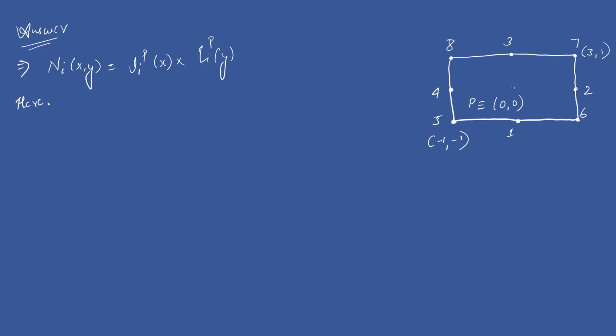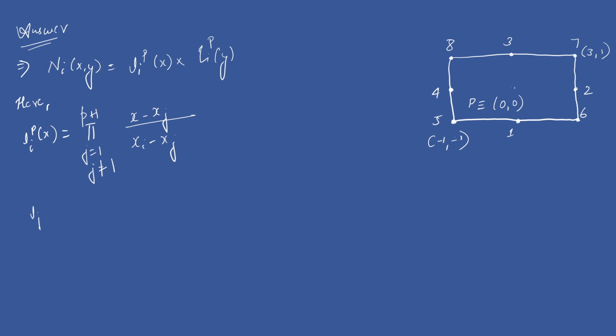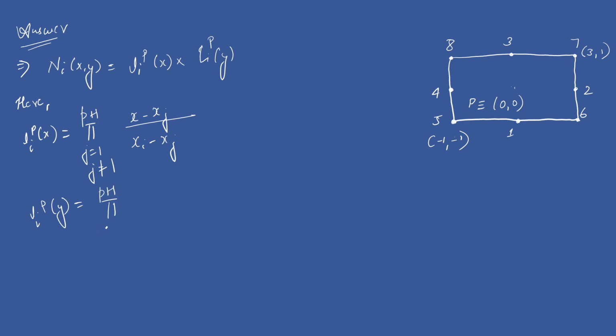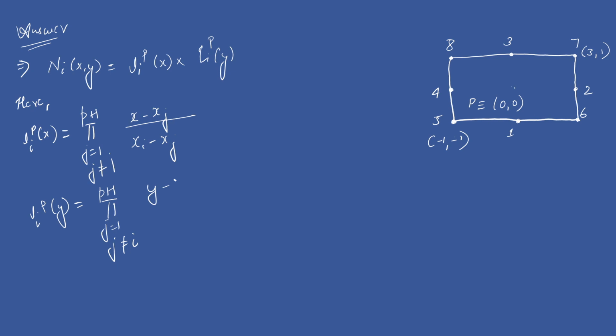The Lagrangian interpolation function in x is given as the product over j equals 1 to p plus 1, j not equal to i, of (x minus xj) divided by (xi minus xj), and your Lagrangian interpolation polynomial in y is given as the product over j equals 1 to p plus 1, j not equal to i, of (y minus yj) divided by (yi minus yj).